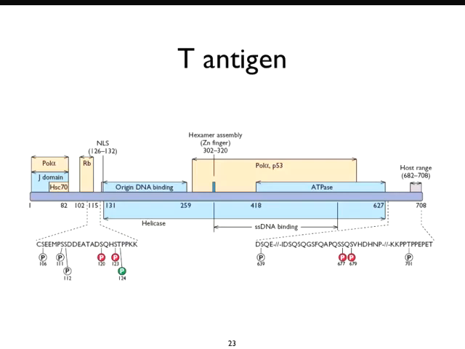It binds to the origin of DNA, and it interacts with proteins such as the retinoblastoma protein, another important cell cycle regulator, and cell heat shock proteins, which are important for how proteins fold and what they interact with. So this is an enormously complicated molecule. It has many different sites that are phosphorylated, and it's these sites of phosphorylation and other modifications that control how and what the molecule is doing at different stages in virus replication.